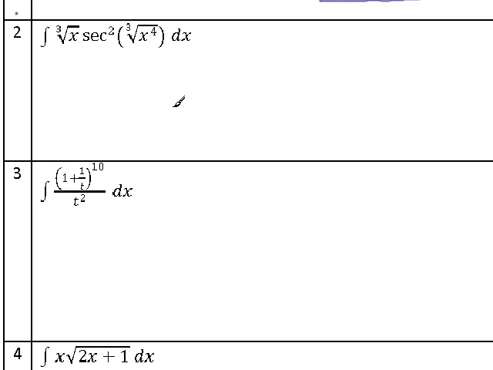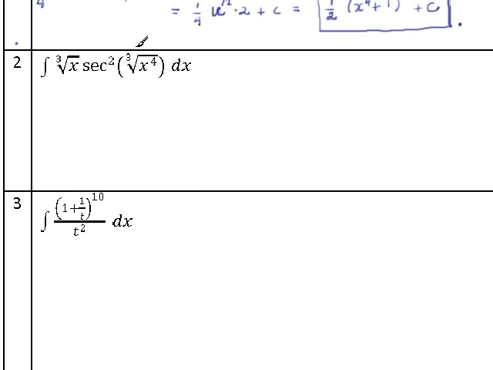In number 2, again, we're looking for that situation. So here our inner function is cube root x to the fourth. Our outer function is secant squared. And then the derivative of the inner, well, let's just look at that for a second. The inner function is the cube root of x to the fourth, changing to exponent notation, this is actually x to the 4/3.